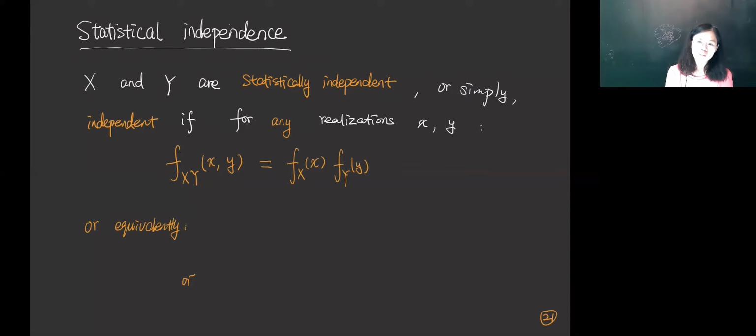Using the concept of conditional probability mass function, we can write this product rule in terms of conditional PMFs.